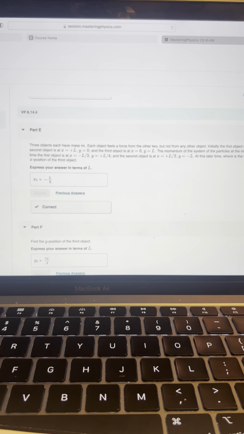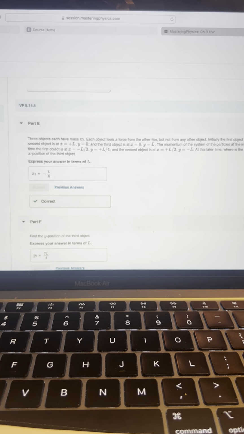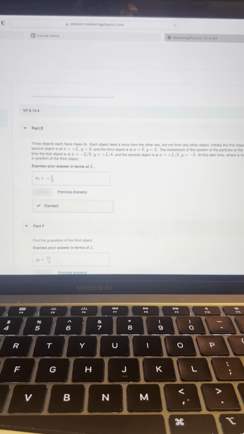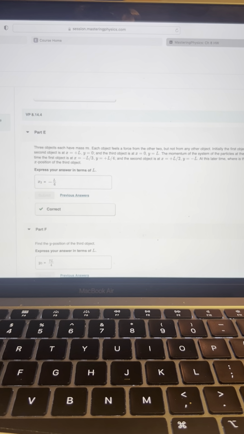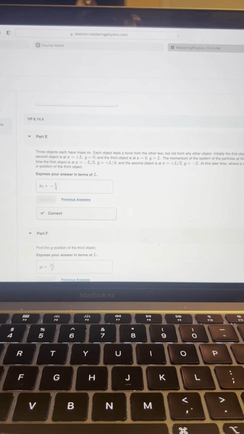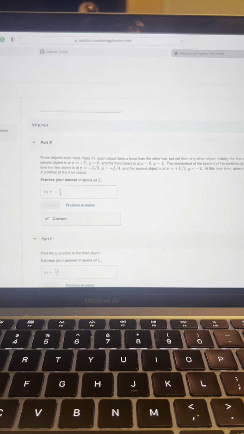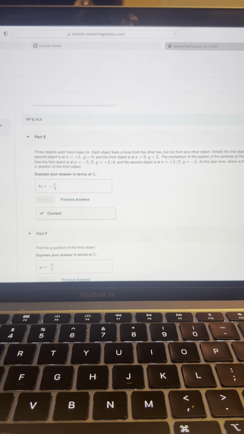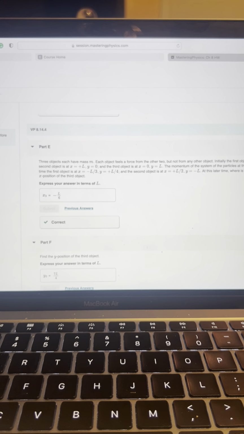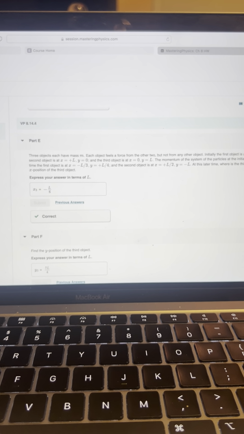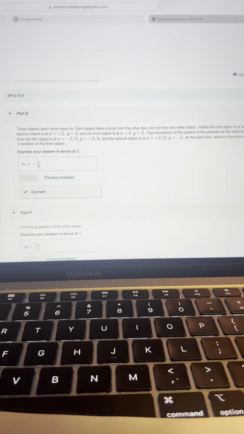And the third object is at X equals 0, Y equals L. The momentum of the system of the particles at the initial time is 0. At a later time, the first object is at X equals negative L over 3, Y equals L over 4, and the second object is at X equals plus L over 2, Y equals negative L. At this later time, where's the third object? Find the X position of the third object.